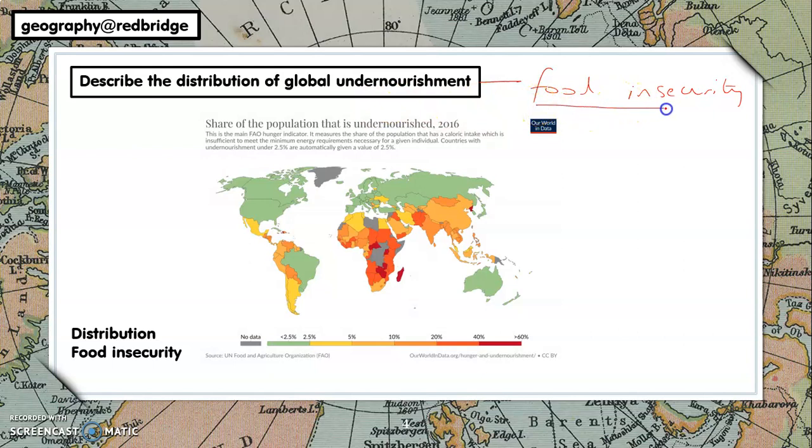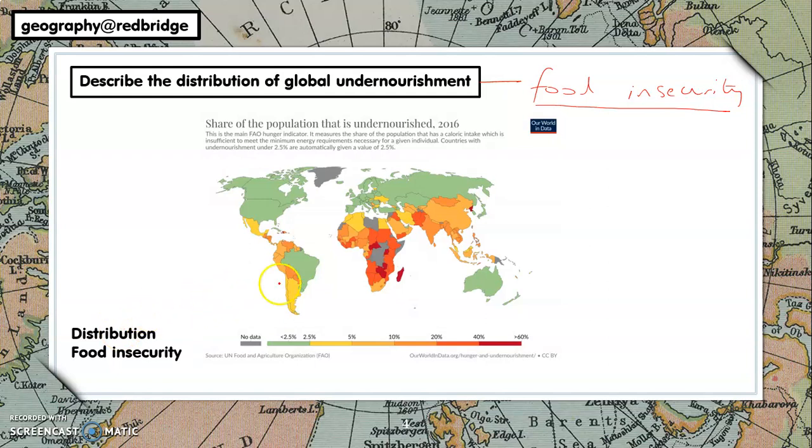It shows one category, but in different varieties. So effectively, it's almost like a bar graph, but put into map form instead. So that's a choropleth. What we're going to do is start to look at the distribution. That keyword again, distribution, is how far things are spread out. So we've got the distribution of how food insecurity or undernourishment on this map is spread out around the world.